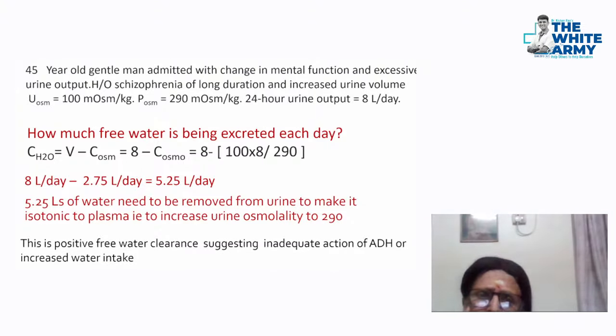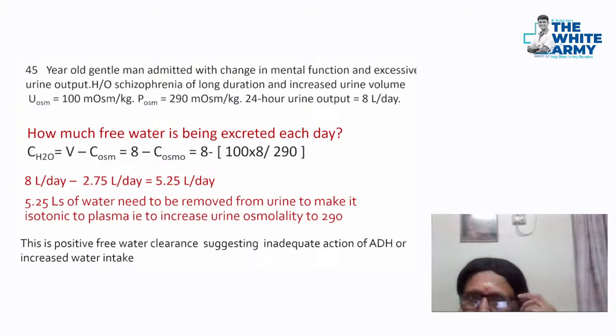So if you calculate the osmolar clearance, that is around 2.75. And the free water clearance is clearly positive because the total volume of 8 liters is much more than the osmotic load requires, only 2.75 liters. So he is excreting in excess 5.25 liters.